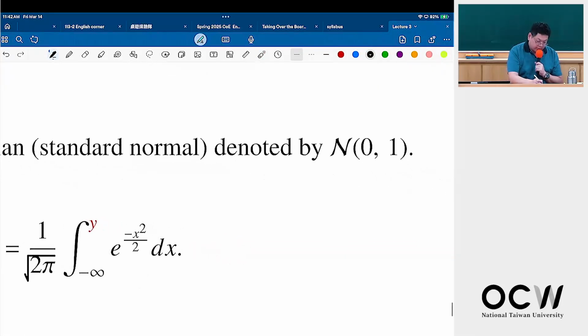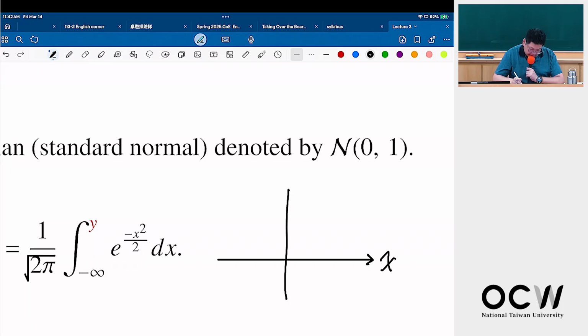That means when I plot this normal distribution, here I have y.